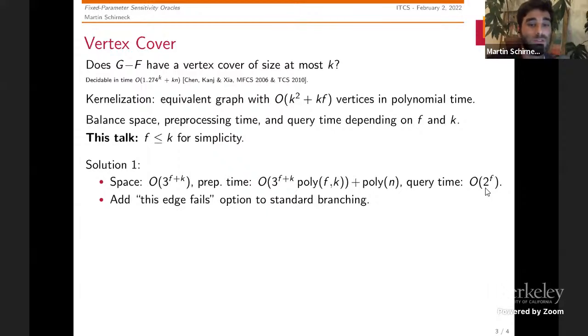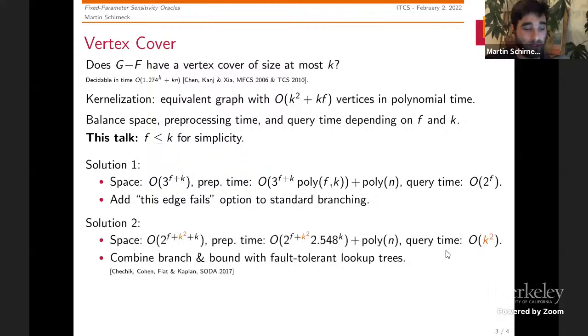So this is something you want to do if you only want to prepare or need to prepare for 1 or 2 failures, but want to know the information about large vertex covers. So if your k is super large, but your f is moderate, you might want to go in this direction, but still you might take issue with an exponential dependency on f.